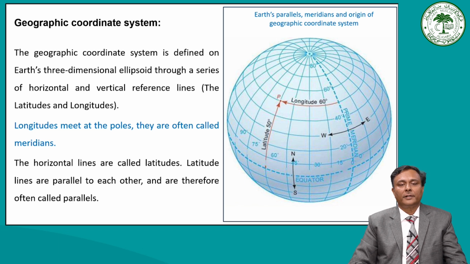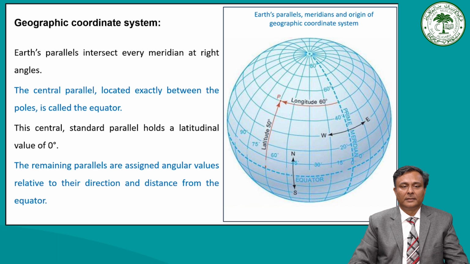The geographic coordinate system is defined on Earth's three-dimensional ellipsoid through a series of horizontal and vertical lines, that is, the latitudes and longitudes. Longitudes meet at the pole, which you can see in this diagram. They are often called meridians. The horizontal lines are called latitudes. Latitude lines are parallel to each other and therefore often called parallels.